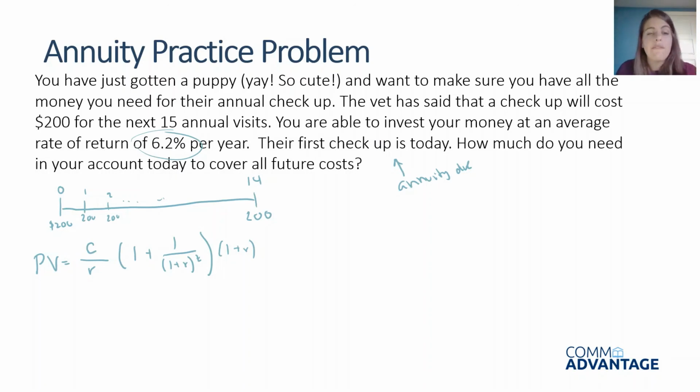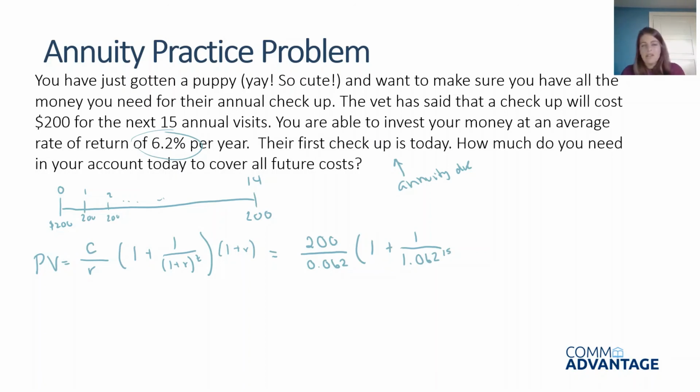So with the information that we have here, our cash flow is going to be that $200. Our interest rate is 0.062, 1 minus 1 over 1.062, and this is happening for 15 periods, okay?